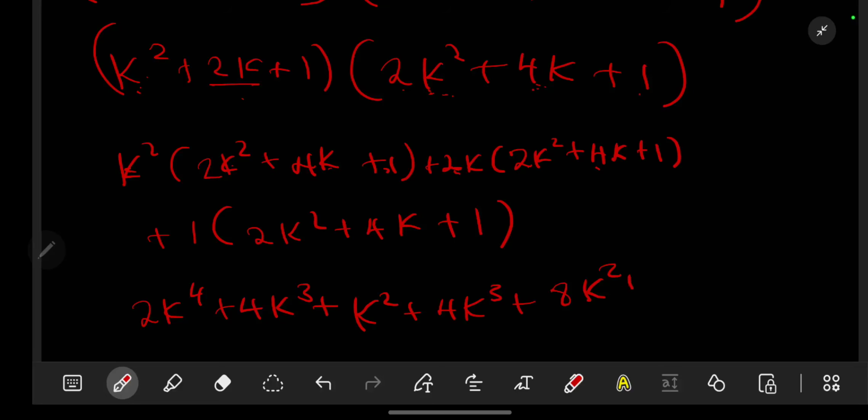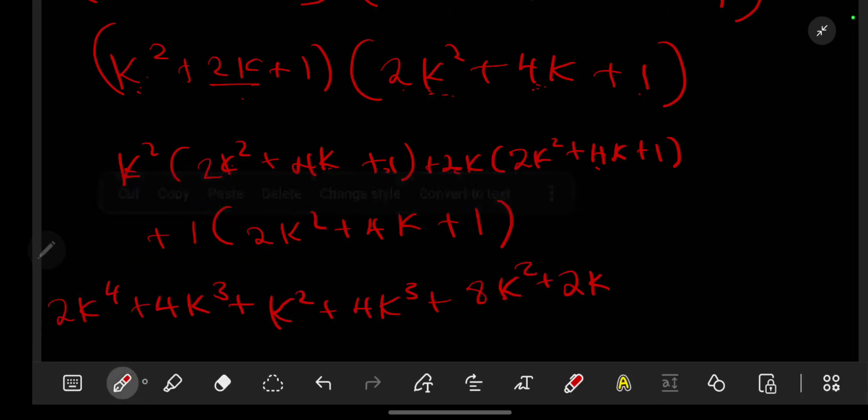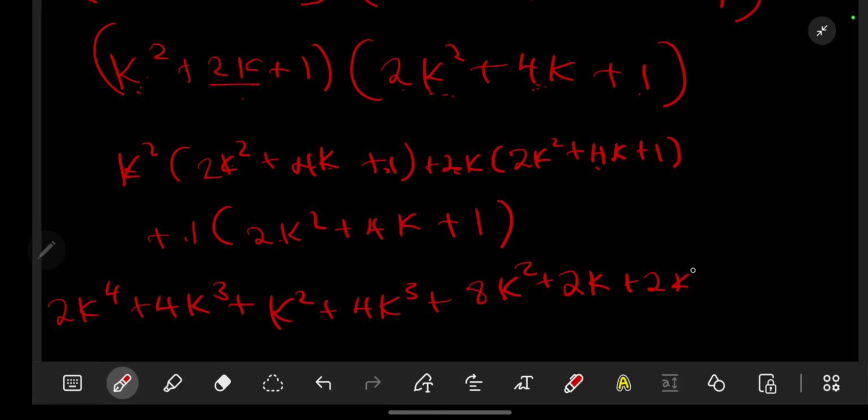This and this will give us our 2k, like that. So with that said, we are going to have a value equivalent to plus this by this will be 2k squared, plus this by this will give us 4k, plus this by this will give us 1.